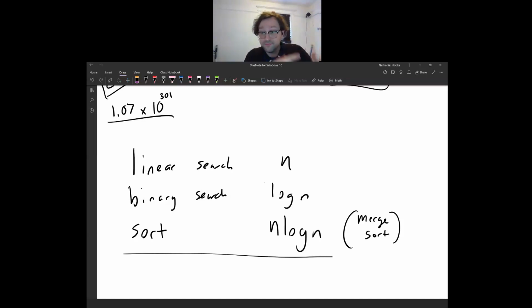I see a question. Sorry, when do you sort again? So you sort at the very beginning. That's the first thing you do. If you're given unsorted data, and you want to use a binary search because you're planning on searching many, many, many times, then you get the unsorted data, and then you spend a lot of time sorting it.